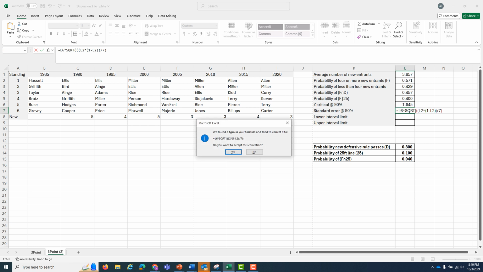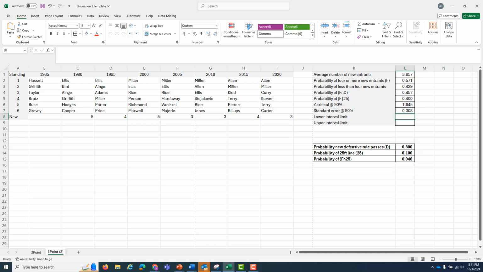And for us, we get a standard error of 0.308. That is how much we think we're going to miss from the average that we're given.